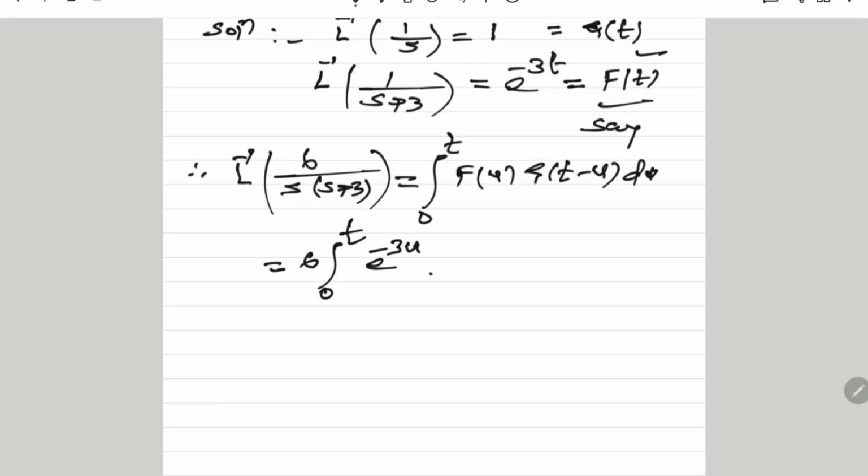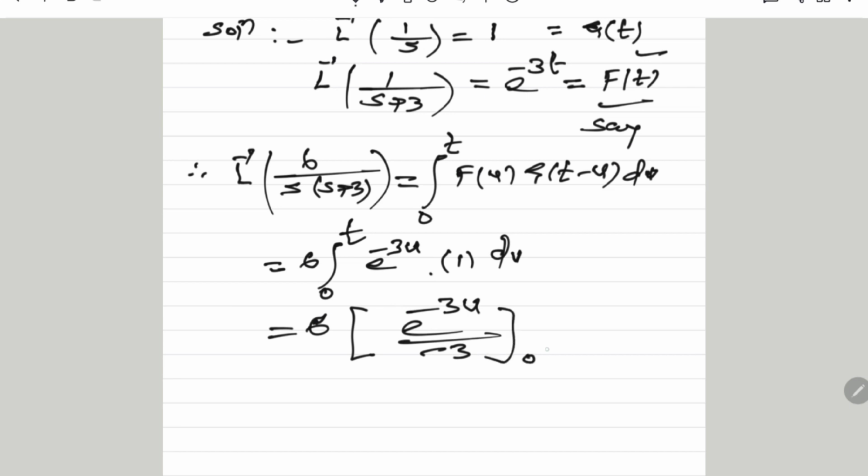Here no term of t, therefore it remains 1 only, no change in it, and then integrate that term with respect to u. Integration of e raised to minus 3u is e raised to minus 3u divided by minus 3, and limit from 0 to t. Therefore, taking 3 outside, we get 6 by 3. Cancelling the minus sign by changing the limit, 0 becomes upper and t becomes lower.